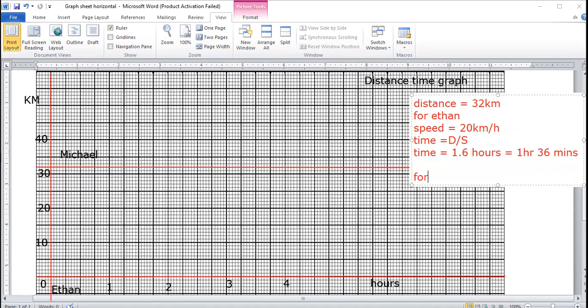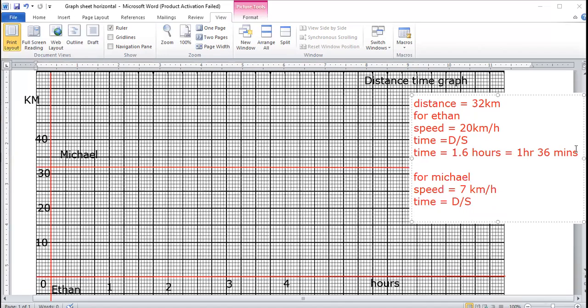Now, when it comes to Michael, the distance is the same, but the speed is 7 kilometers per hour. And again, I have to find time, which is distance upon speed.